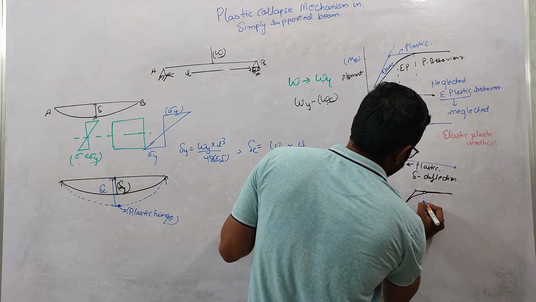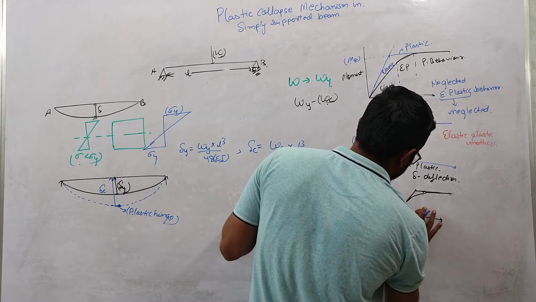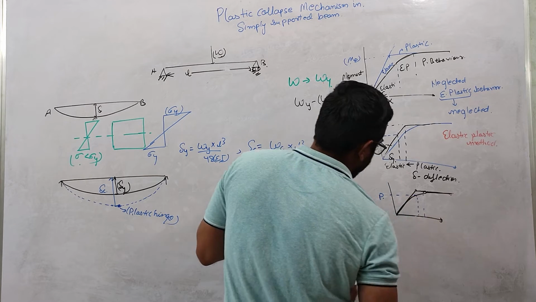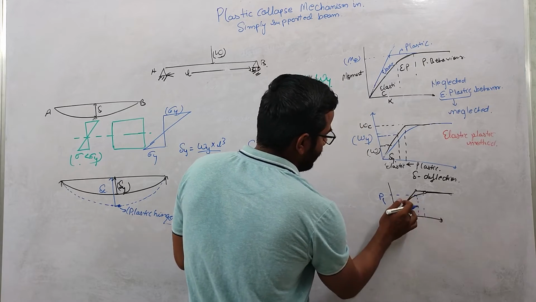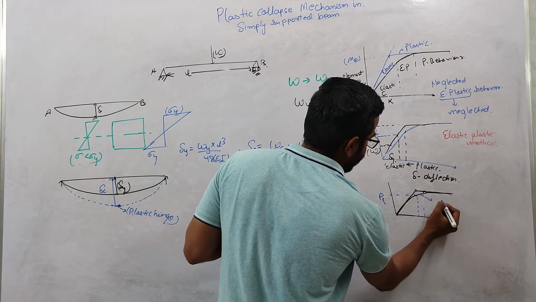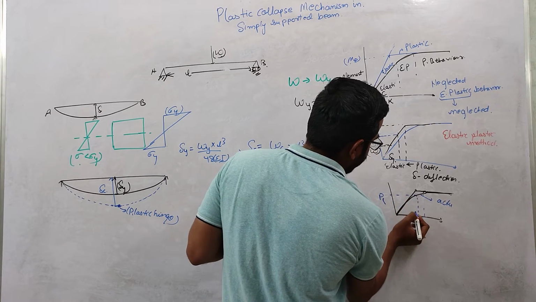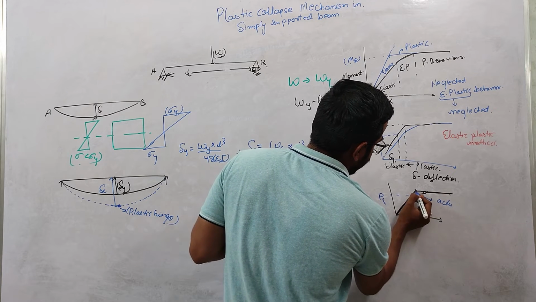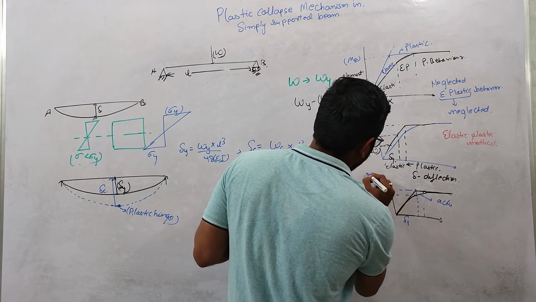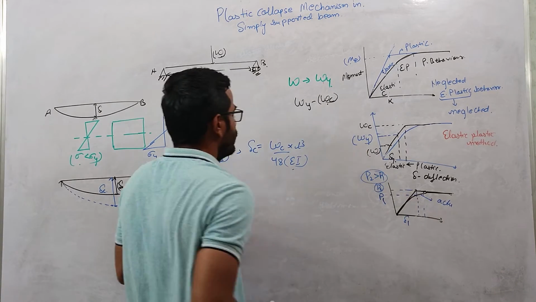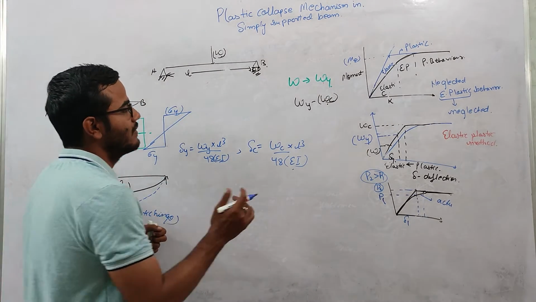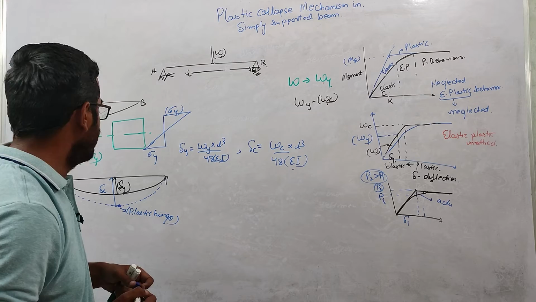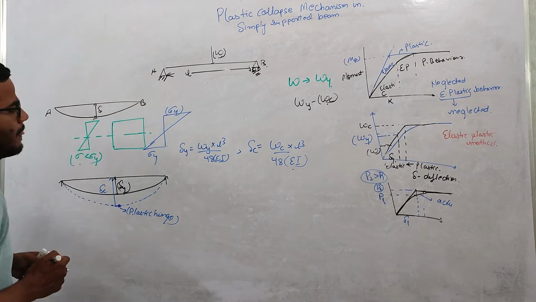To get this deflection, let us suppose this deflection, we need to apply some load P1, if we are using this actual curve, and this is, let us suppose, del 1, right. And if we are using this idealized curve for the same del 1, we need to increase our load. This is P2, so P2 is greater than P1. So basically while taking this assumption, this idealized curve, we are making our structure more stiff, okay, but that is not the case. So now let us come to the topic.